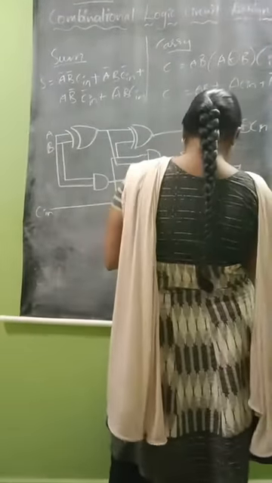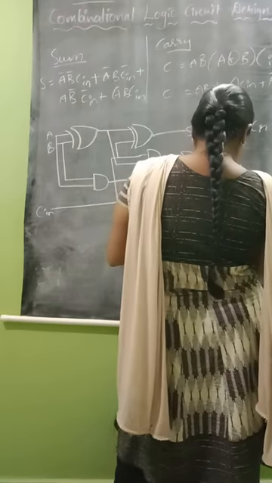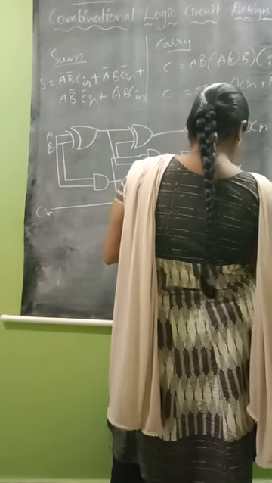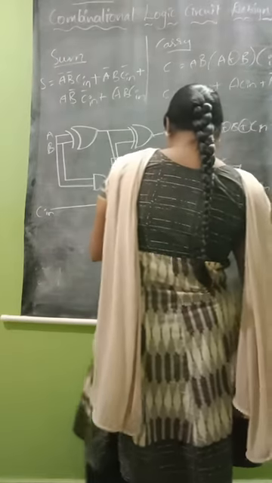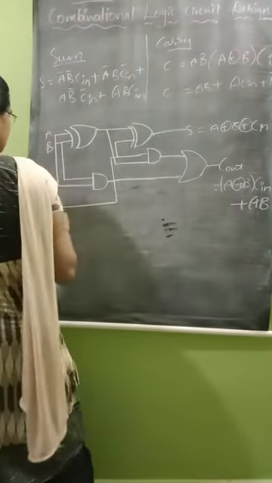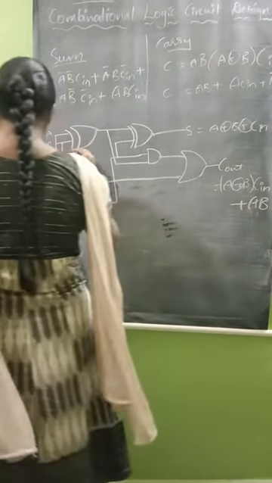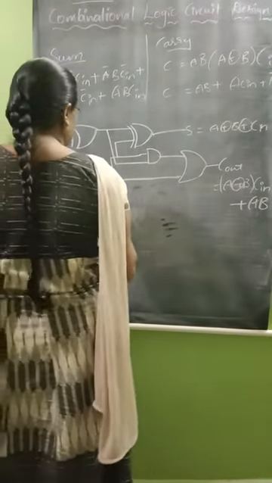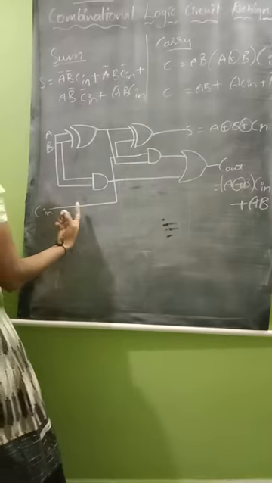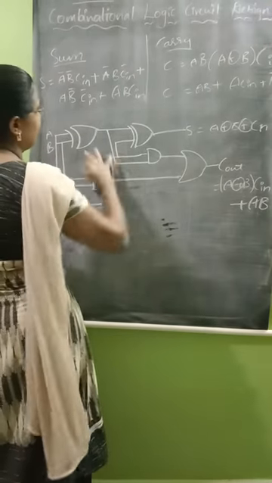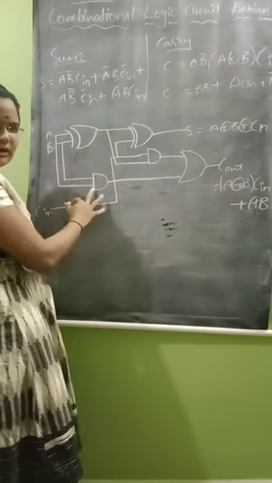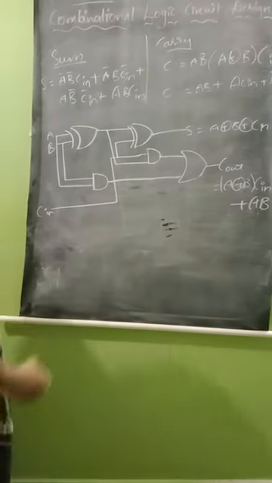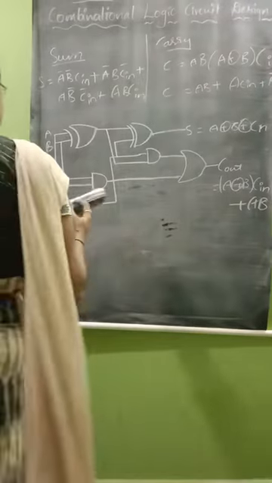C out means A plus B into C in plus AB. So this is the design where the sum and carry are designed together in one logic circuit.